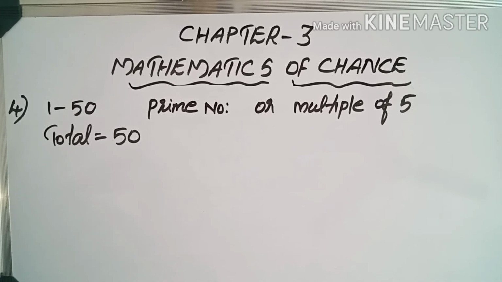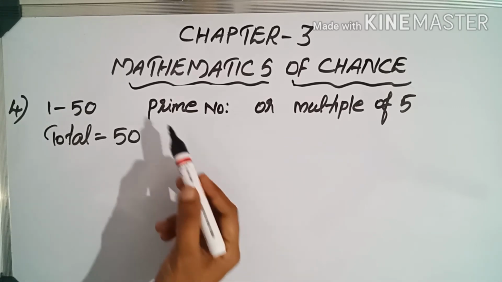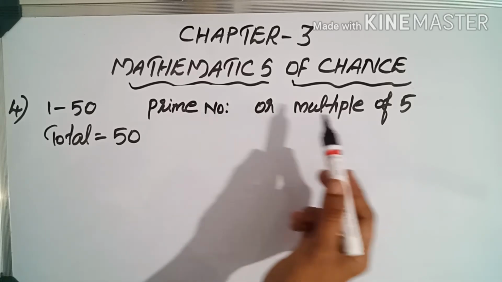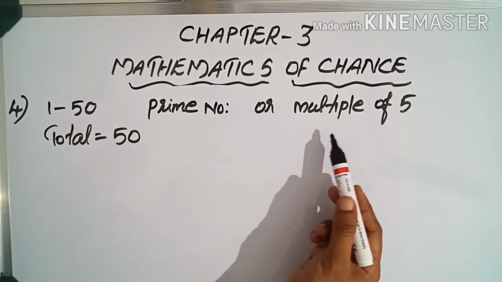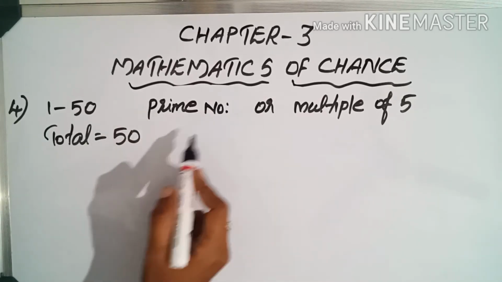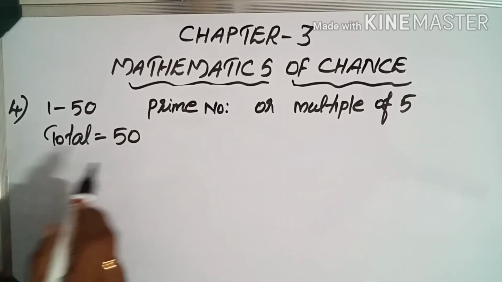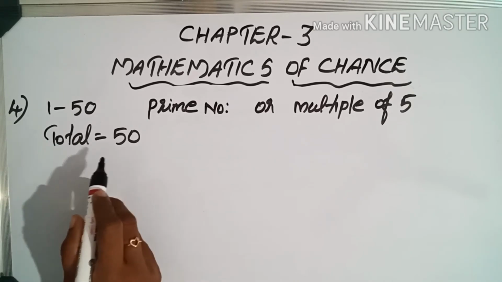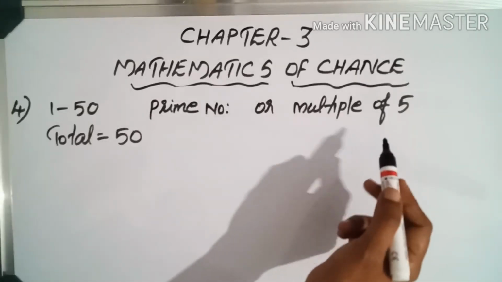Before that we need to write the prime numbers. For the first one, the favorable case is prime number. For the second, the favorable case is multiple of 5. The total is 50, as 50 slips are there. Out of that 50, how many are prime numbers and how many are multiples of 5?